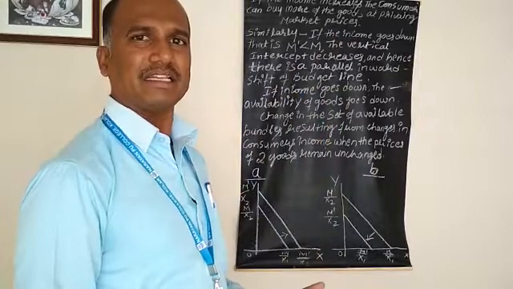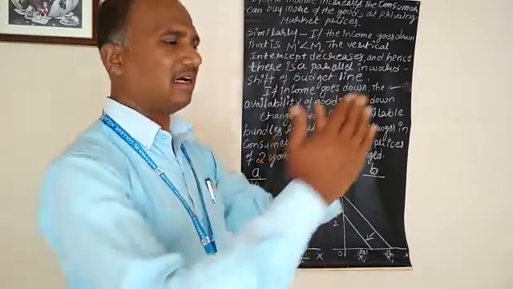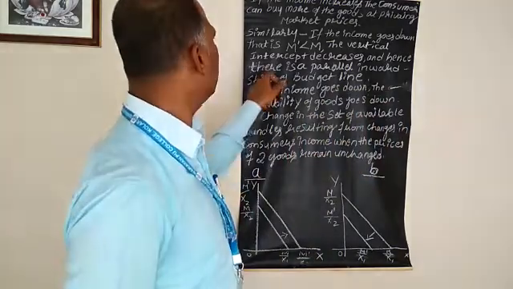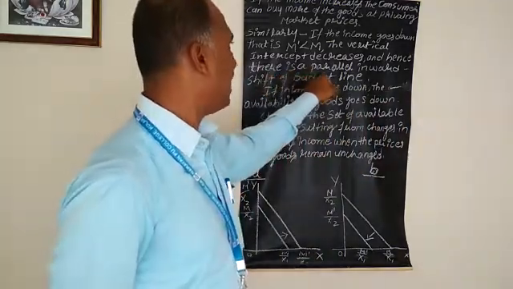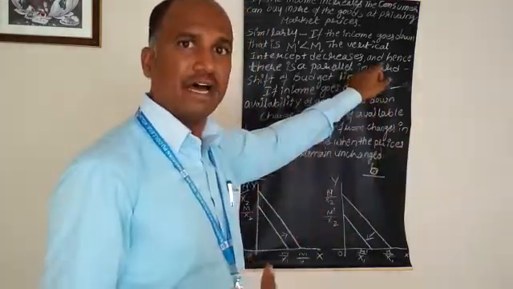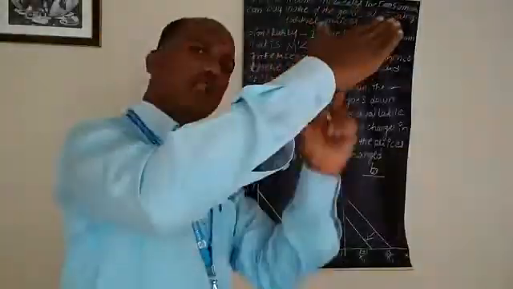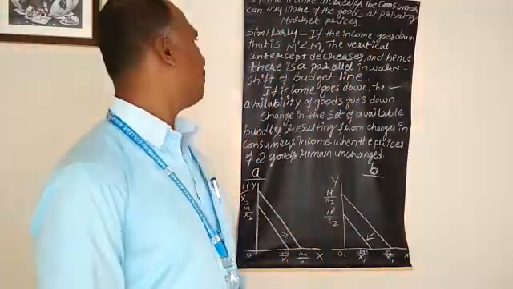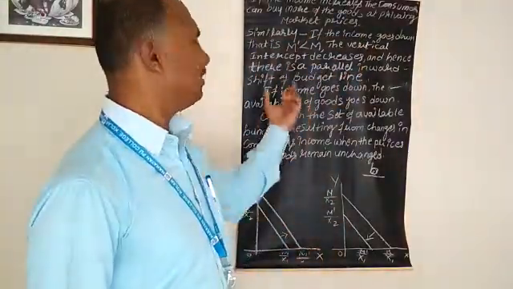When our income decreases, the budget line also shifts, and hence there is a parallel inward shift of the budget line. Inward means a shift from right to left.